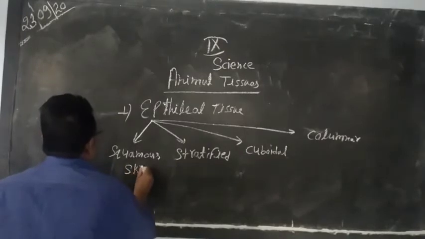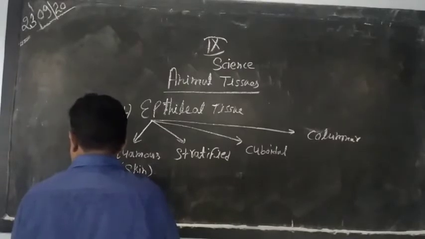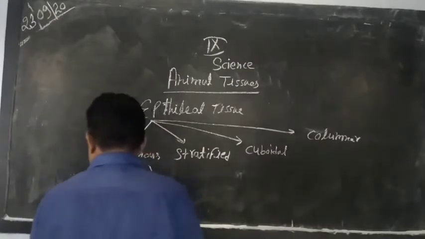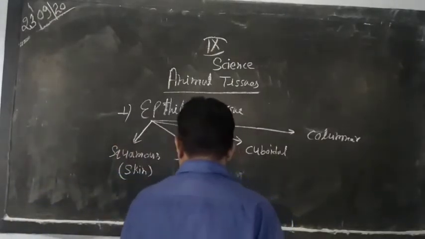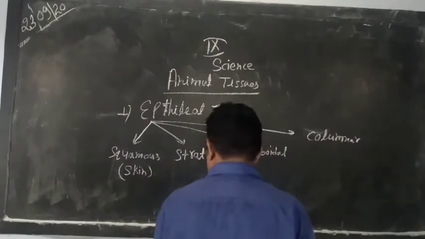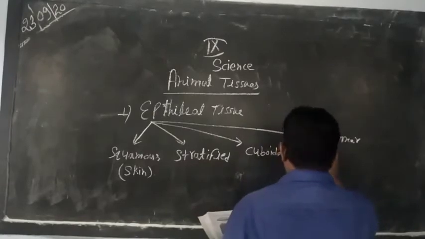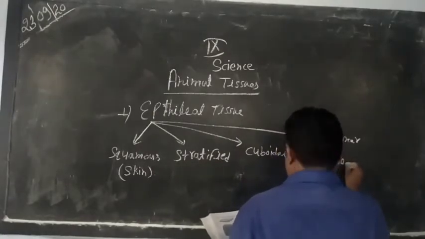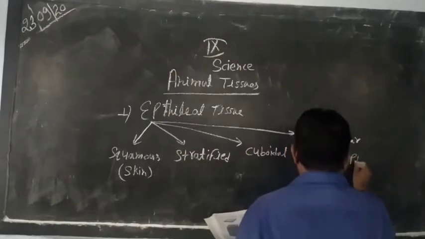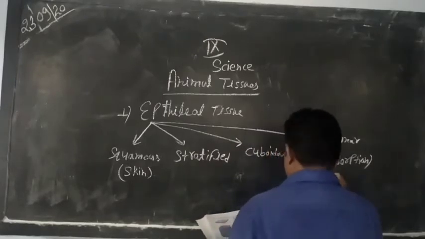These tissues are found in our skin. Next one is columnar. Its function is absorption and secretion.